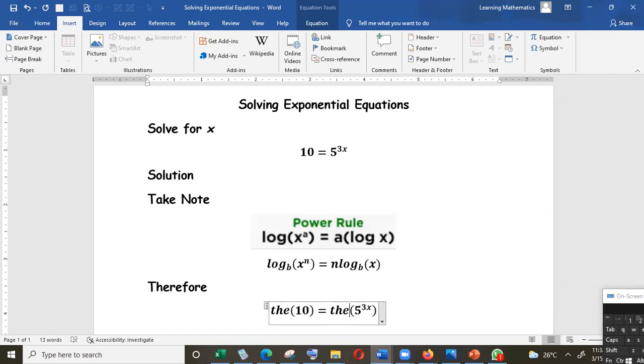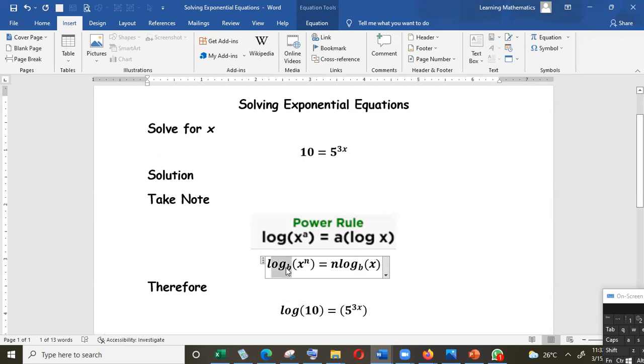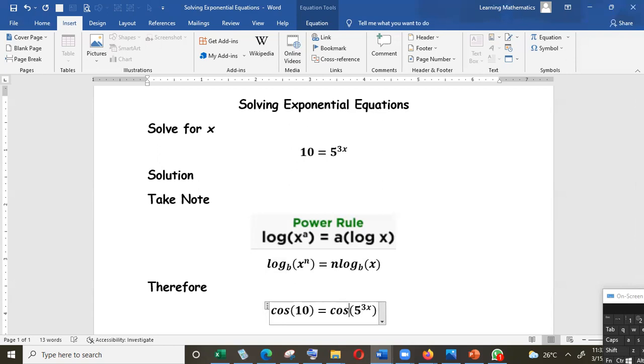Okay. So therefore now, if I write LOG in front of 10, and by the way, LOG is not a variable. LOG is like saying cosine. For example, if I write COS by 10, I have to write COS by 5 raised to the 3x.